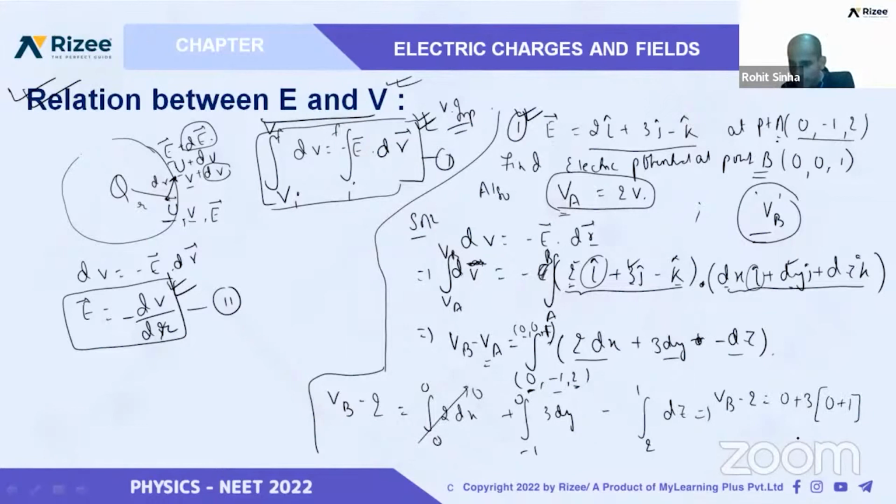Now minus dz integration, 1 minus 2. After solving this, we will get VB is equal to 3 into 1, 3, plus 1, plus 1, 3 plus 4, and 4 plus 2, 6 volt. This will be the answer.